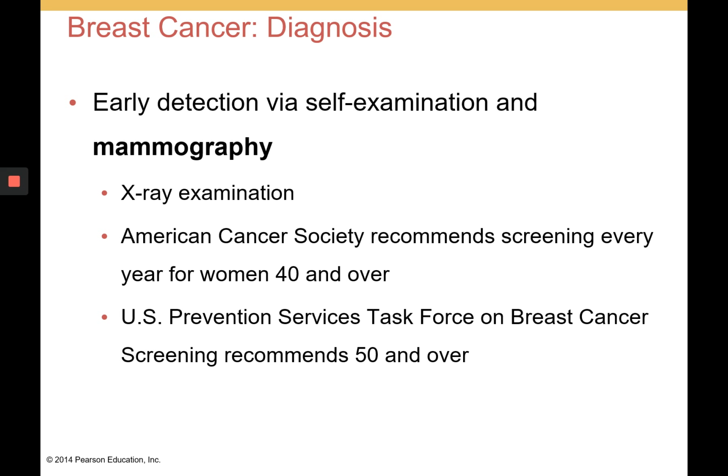A mammography is an X-ray examination, and depending on which society you subscribe to, like the American Cancer Society, which recommends screening every year for women that are 40 years of age and older, or the U.S. Preventive Services Task Force on Breast Cancer, which recommends mammographies for individuals who are 50 years of age and older. You just want to make sure that you're getting regular mammographies at your appropriate time. If you're at a greater risk for developing breast cancer, it may be paramount for you to get a mammography earlier.